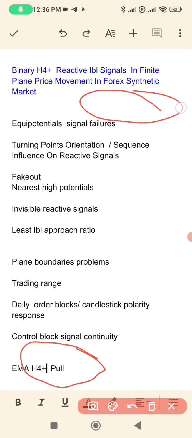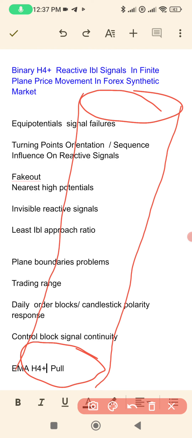Remember, we are using the H4 time frame plus, meaning that it can be H4, daily, weekly, monthly, or yearly time frame. This is a source and this is sink.